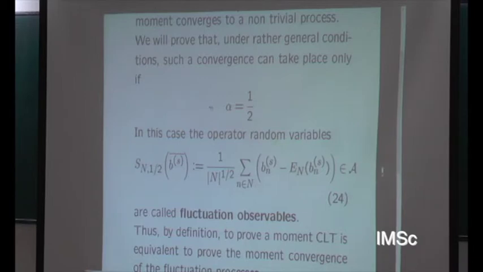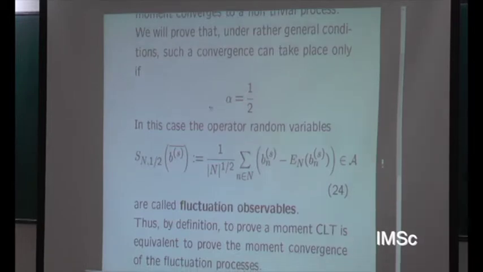So the only normalization factor I can have in the moment central limit theorem is 1/2. In this case, when the normalization alpha is equal to 1/2, I will call these objects fluctuation observables. And these are very famous and very important in physics, one of the fundamental objects of statistical mechanics.